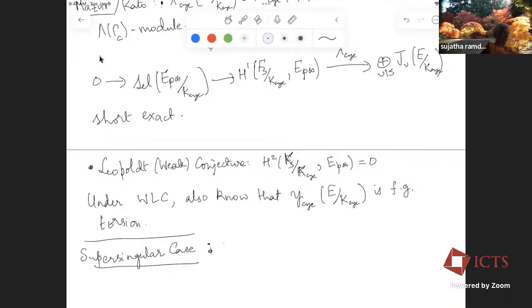So still the fine Selmer groups, Y cyclotomic of E over K cyclotomic and Y anticyclotomic, for shorthand I just write Y anticyclotomic. These are the dual fine Selmer groups, of course over the anticyclotomic extension. And both of these are again Lambda Gamma modules. And you know that these are torsion even here, or finitely generated torsion.